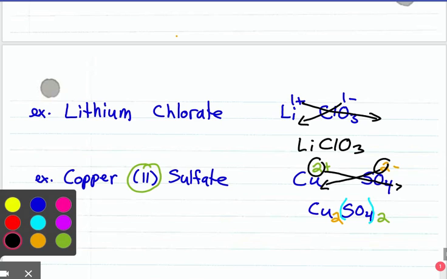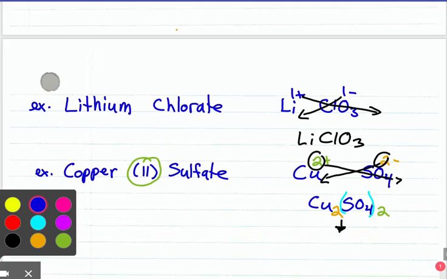But if you notice, they both have a 2. So we can put that into lowest terms where we don't need a bracket because there's only one. So we still put it in lowest terms.